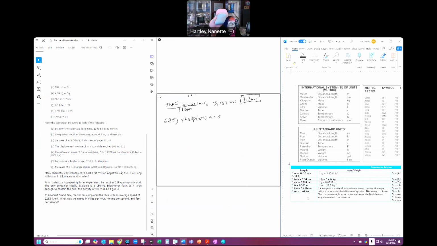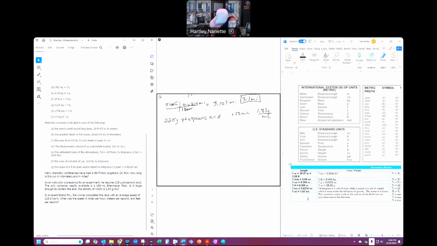The only container readily available is a 150 milliliter Erlenmeyer flask. Is it large enough to contain the acid, the density of which is 1.83 grams per milliliter? And I look at this and I go, I don't really know what it's asking.